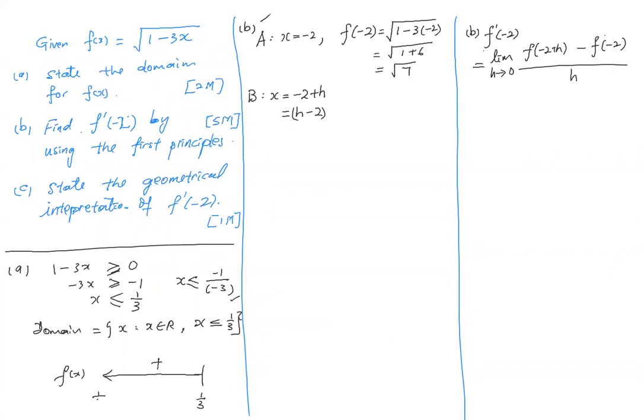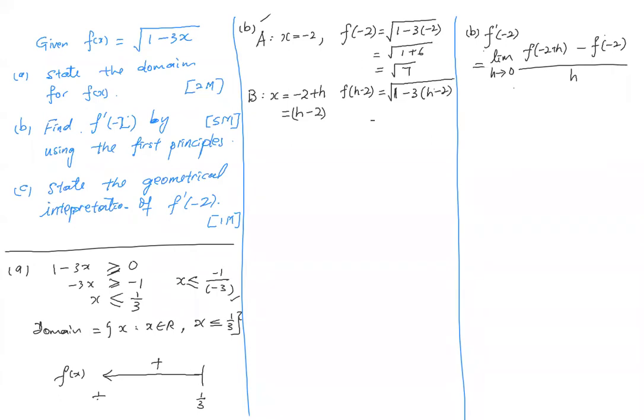Instead of putting the negative number in front, I just put a minus. So I will have my f(h - 2) equal to the square root of 1 minus 3, then I put here (h - 2).